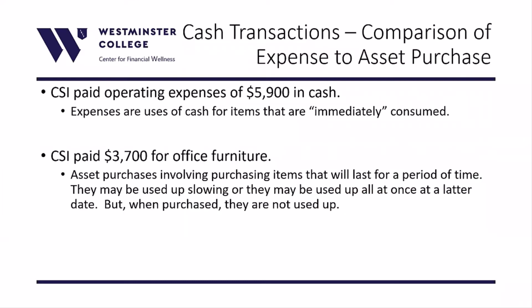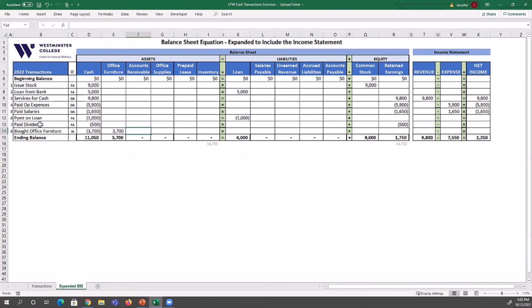Okay, so it's worthwhile to just take a minute and contrast and compare two common business transactions, paying for expenses versus buying assets. So we're going to review a couple of our transactions to go over this. Let's look at right here. What's happened here?